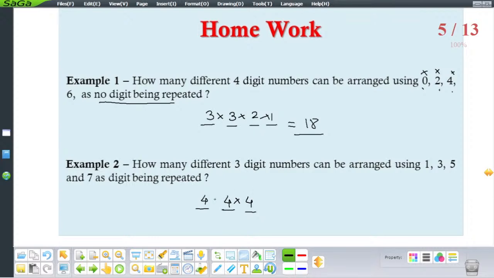So we get 4 into 4 into 4, that is 4 cubed. What is the value of 4 cubed? 64. So the answer for the first homework question is 18 and the answer for the second homework question is 64. Hope you are getting all the points.